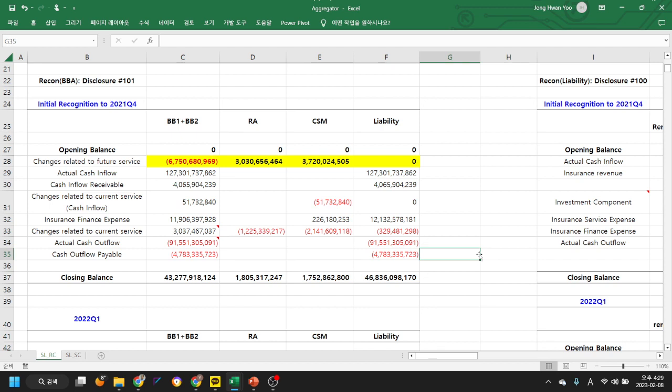And this is part of the measurement subsequently, right? After the initial recognition. And I just show a small bit, but next video I'll step through the detail with some more visual illustration.